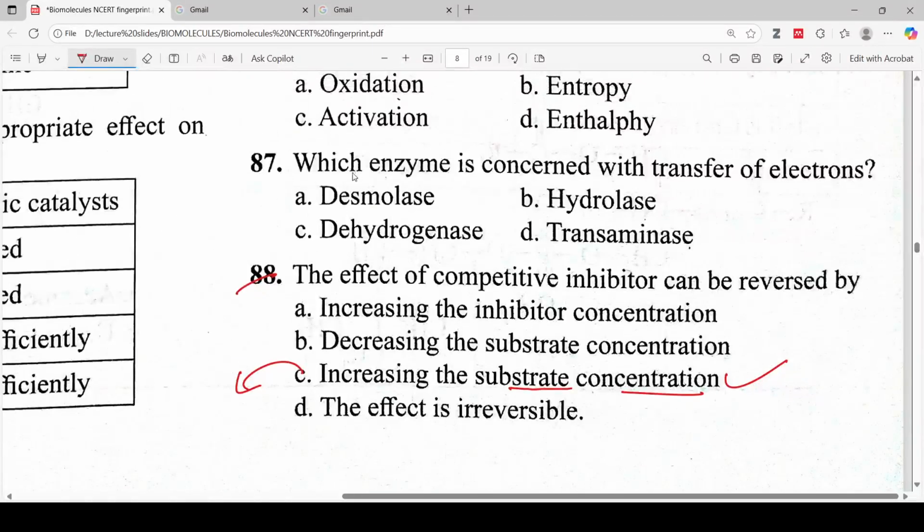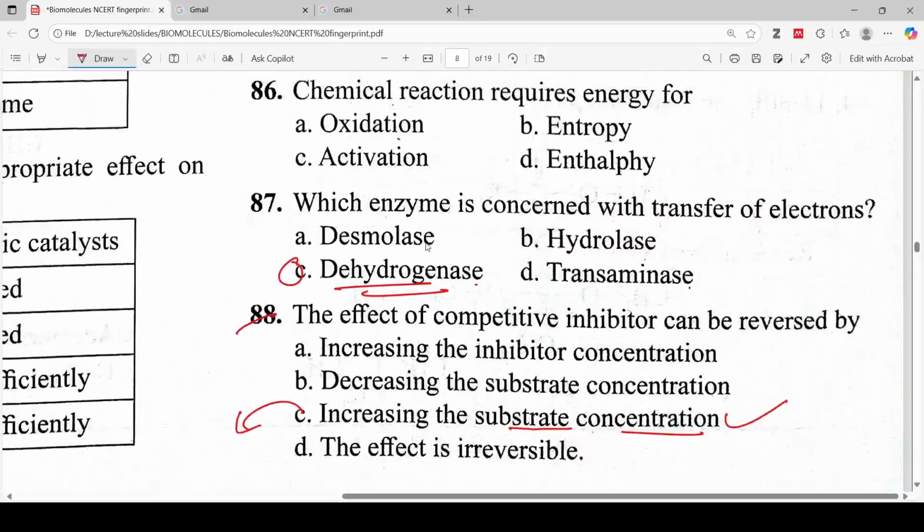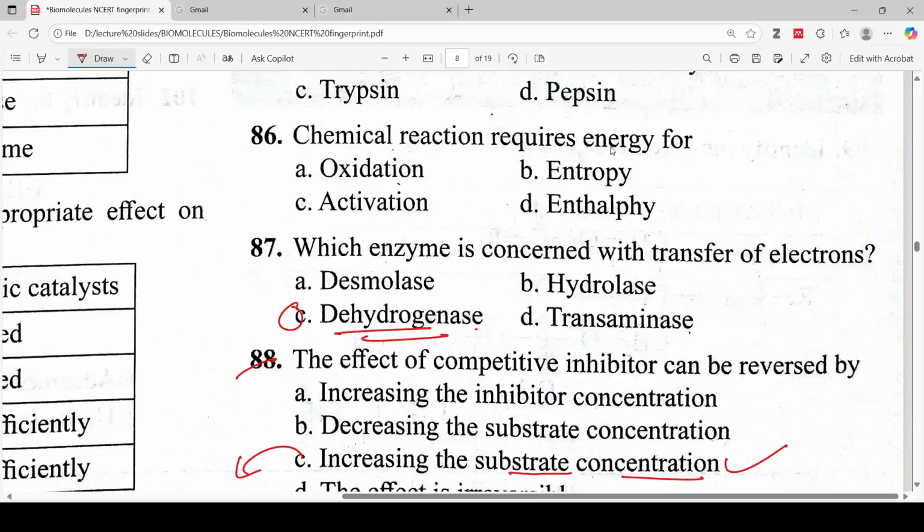Next question. Which enzyme is concerned with transfer of electrons? Desmolase, dehydrogenase, hydrolase, and transaminase. So here the correct answer is C. Dehydrogenase will be the answer. Next one. Chemical reaction requires energy for oxidation, activation, entropy, or enthalpy.